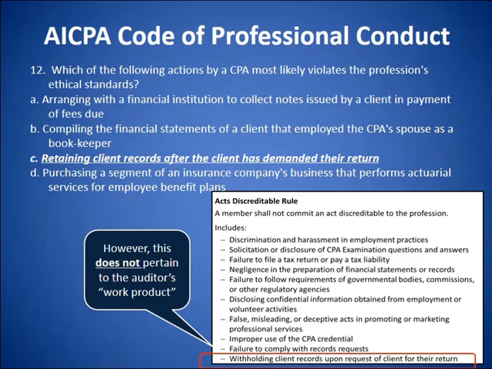Okay, and number 12. Which of the following actions by a CPA most likely violates a profession's ethical standards? In this case, the answer would be most likely C, retaining client records after the client has demanded their return.